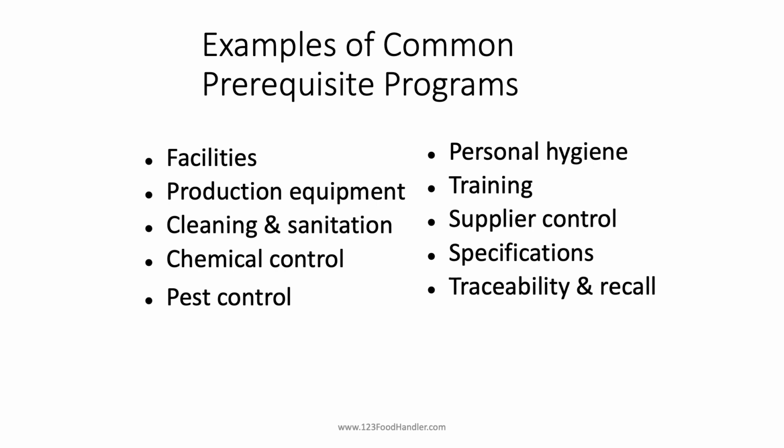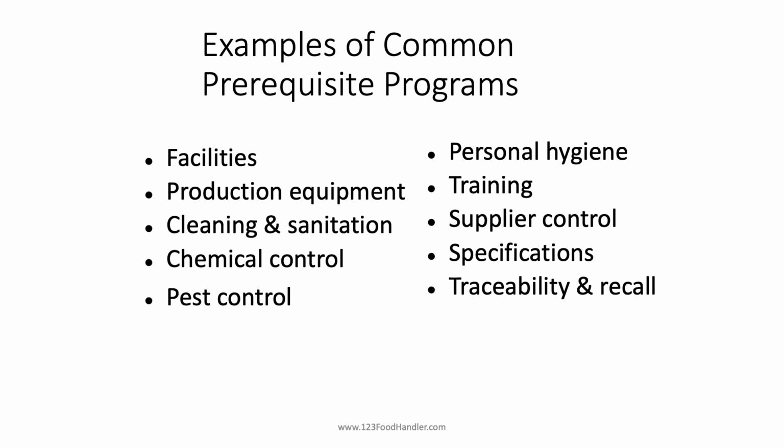Here are some examples of common prerequisite programs. Facility program, a production equipment program, a cleaning and sanitation program, which would be required under the USDA regulation for HACCP. We would need to base our HACCP production off the sanitation requirements of 9 CFR 416. We've seen that already.